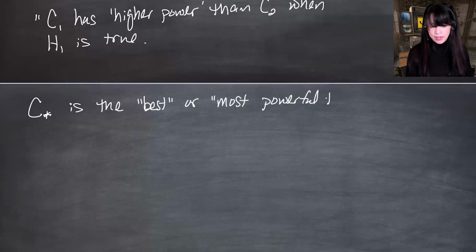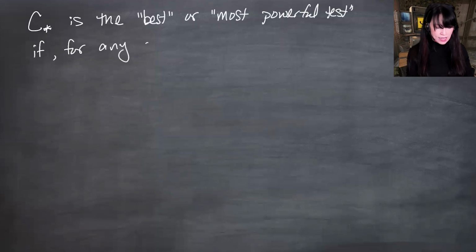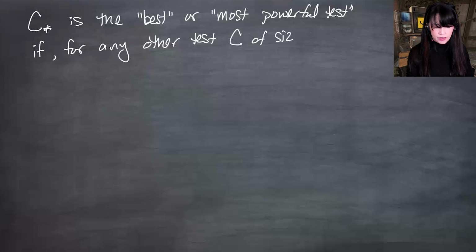And I'm not going to keep rewriting the simple versus simple hypotheses, but this definition is in the simple versus simple case. If for any other test C of size or level of significance alpha, we have the power function, the probability we reject under the test with C star.